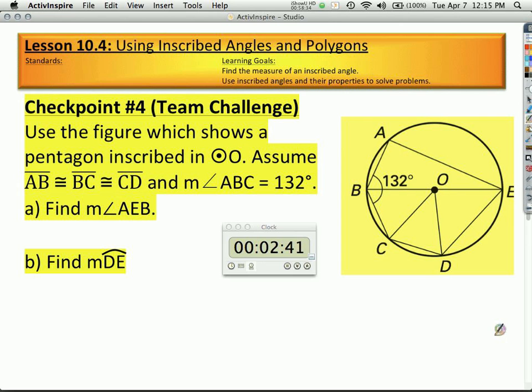Yes. Yes. Angle ABC is 132 degrees. Good. I love how I see people already putting in details right away. Very good. Also says it right there in the text.